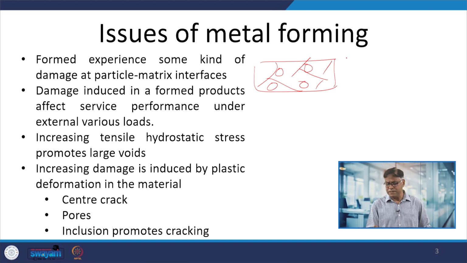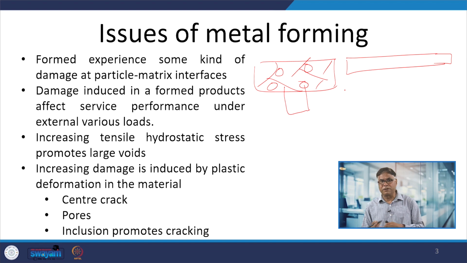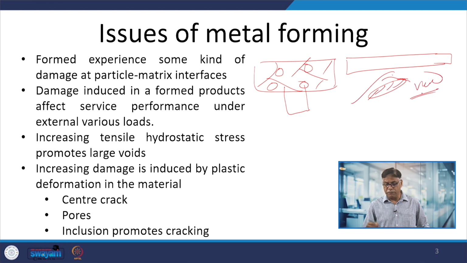But when it is subjected to severe plastic deformation, due to the difference in mechanical properties of the particle and matrix, the particle matrix interface experiences a lot of strain, and therefore the particle matrix interface shows voids. Once the voids are nucleated, they will grow and their coalescence will lead to the crack, and their growth eventually will lead to the fracture.